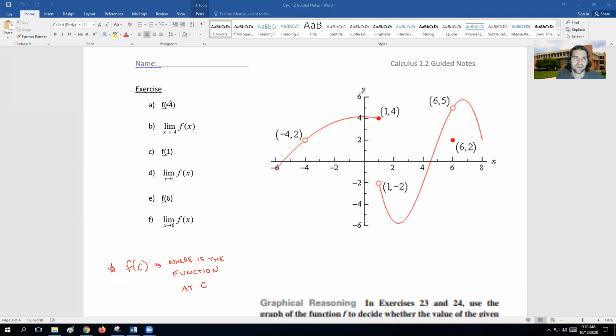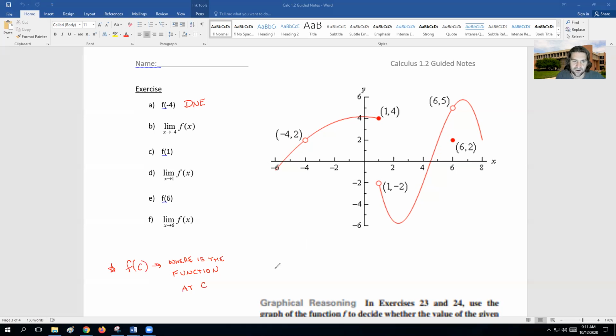In this first problem I have f of -4. I want to know where is the dot at -4. And I look here, there is no dot. There is an open hole. There's no dot, so this one would be does not exist.